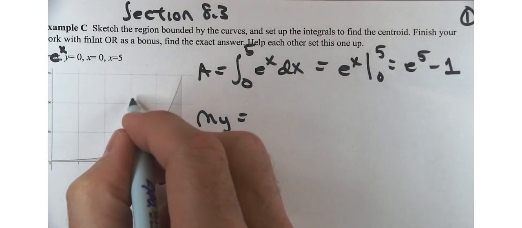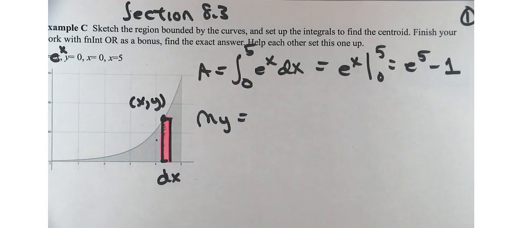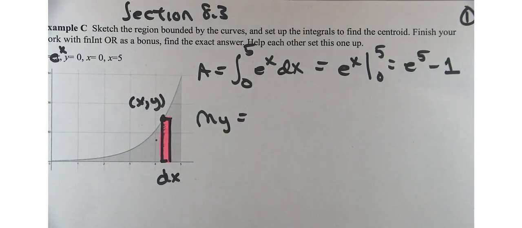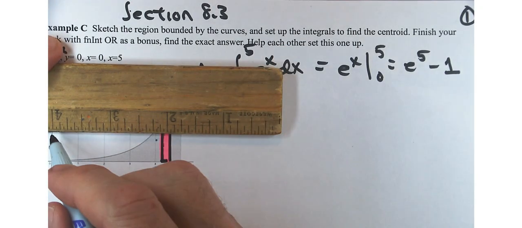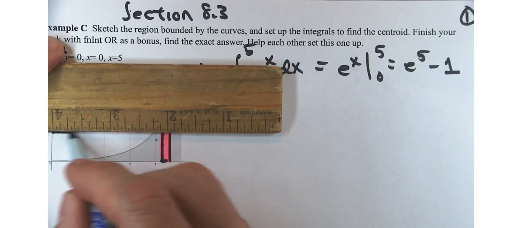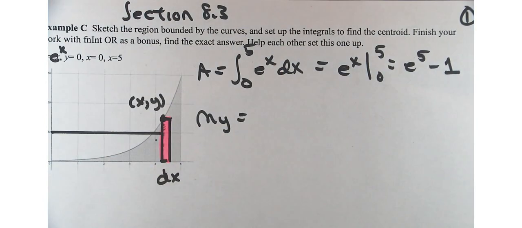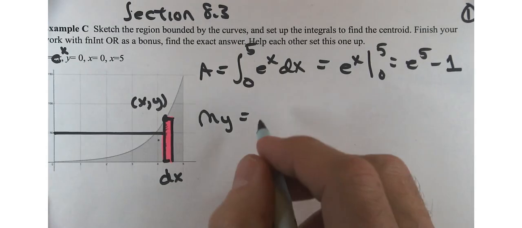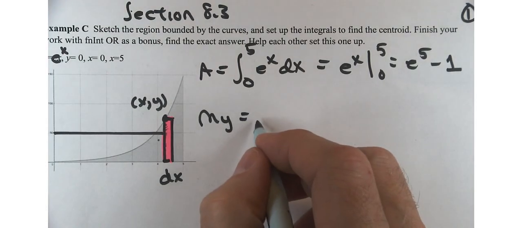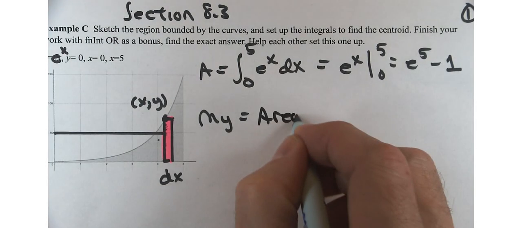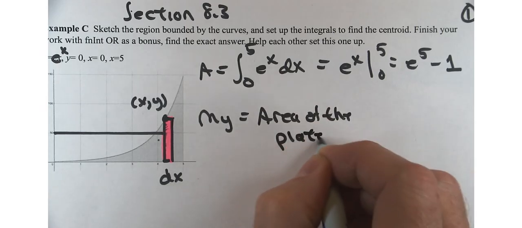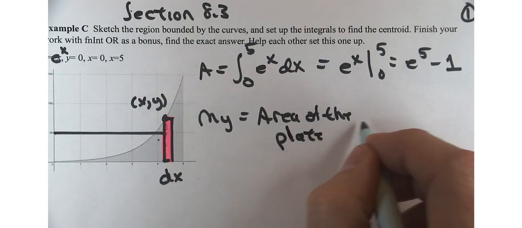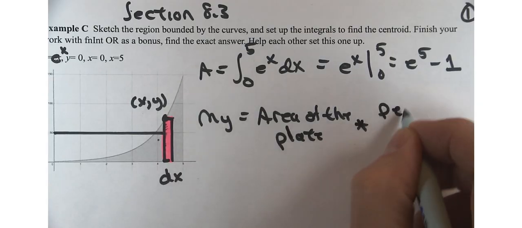This point here I'll label as x and y. The moment around the y-axis is the force that's felt by pushing down on this plate and turning this around the y-axis. So it's going to be the area of the plate times the perpendicular distance.